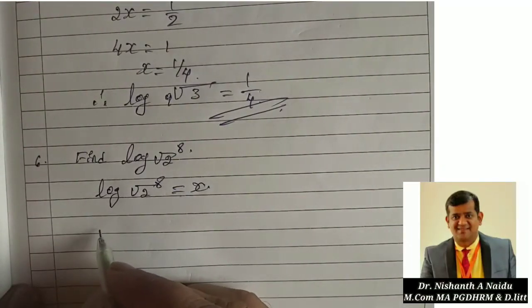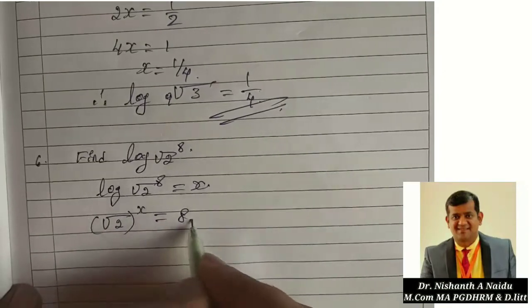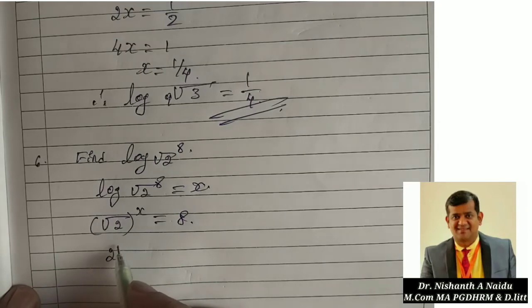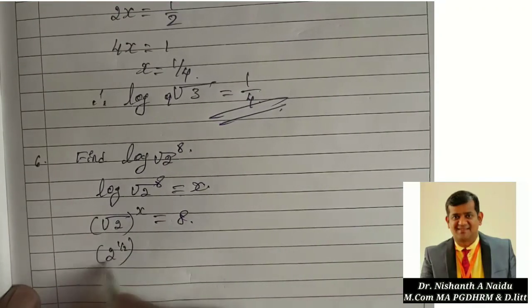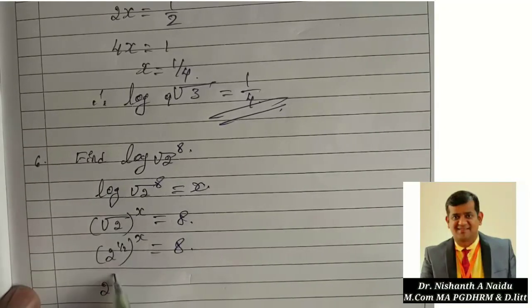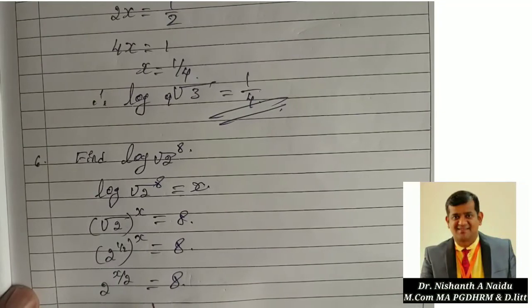So that means root 2 to the power x equals 8. So 2 to the power 1 by 2 whole power x equals 8. 2 to the power x by 2 equals 8.